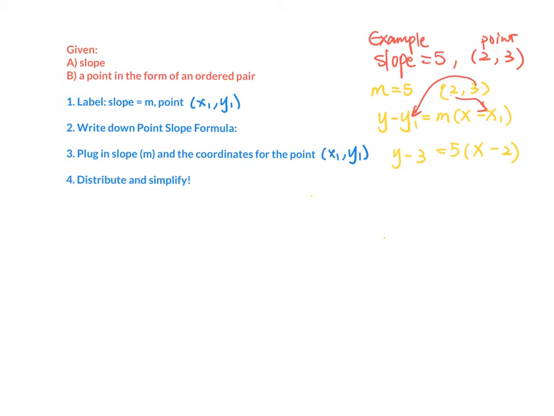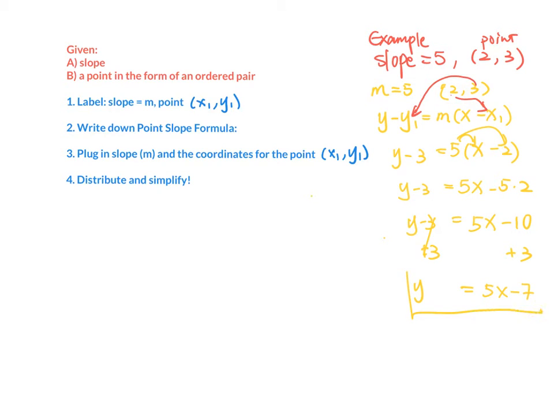And now all I need to do is distribute and simplify. So 5 times x minus 5 times 2. On the left-hand side, I'm not touching anything, so I'm just bringing everything down. So again, I keep simplifying. I see 5 times 2 is 10, and there's nothing more to do on the right-hand side. And now I just need to add 3 on both sides.